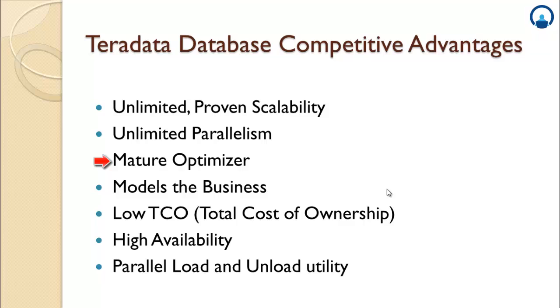Moving further, we have a mature optimizer in Teradata. Think about a point we discussed in the Teradata background topic: normalization and denormalization. Our OLTP data is normalized data and our OLAP data is most probably denormalized data, so that the number of joins required on the OLAP side is lesser and we can fetch the data faster.